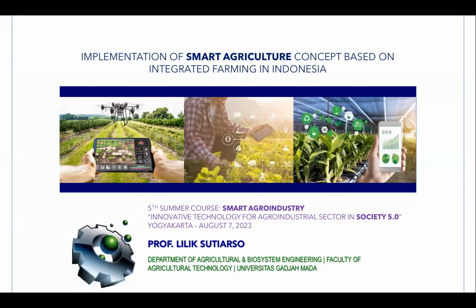Actually, this is starting from the first summer course, second, third, fourth, and now the fifth summer course of our Faculty of Agricultural Technology and also UGM. Especially, we are moving now with a transition from conventional agriculture to smart agriculture.